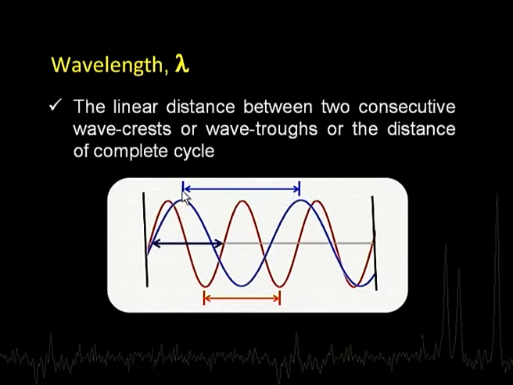If I look at the distance between the two crests here, or for the red wave I have shown the two troughs here, this happens to be the wavelength of the red wave, and this happens to be the wavelength of the blue wave. Or another way of visualizing it: suppose I am looking at the blue wave, I start from somewhere here, I go down like this, I come back here, I go up there and come back to the same position here. So, this is one complete cycle.